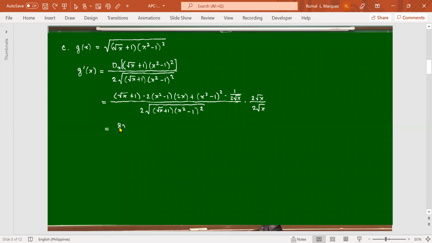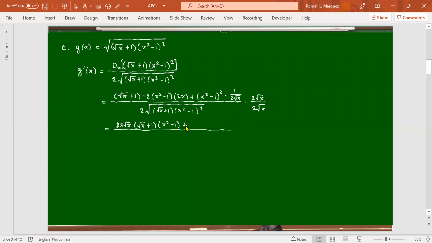So just 4. Sorry, that is 8x is square root of x. This, and this, no? 8x square root of x, times square root of x plus 1, x squared minus 1. Get it, guys?